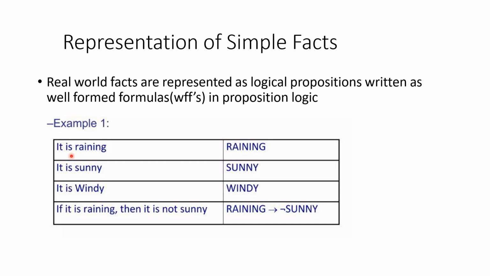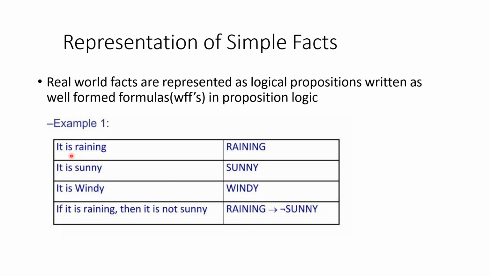In real life we speak in English, but computer does not understand English. So we have to convert the real world facts into logical symbols called propositions. These symbols must follow some proper rules, and that is called a well-formed formula.